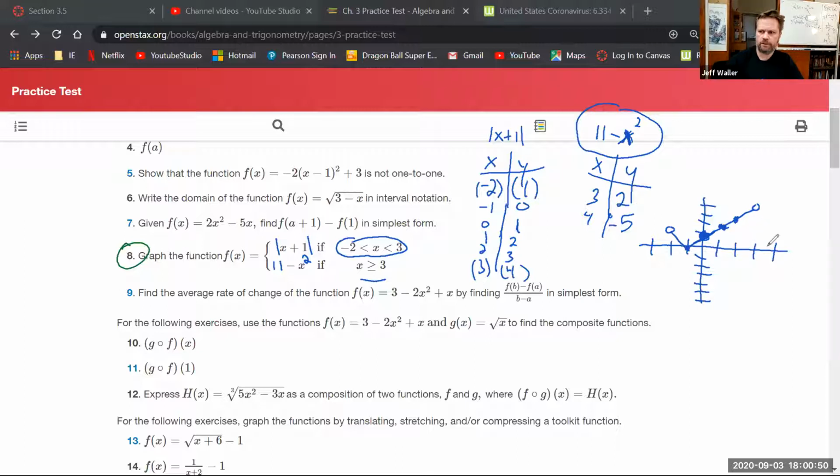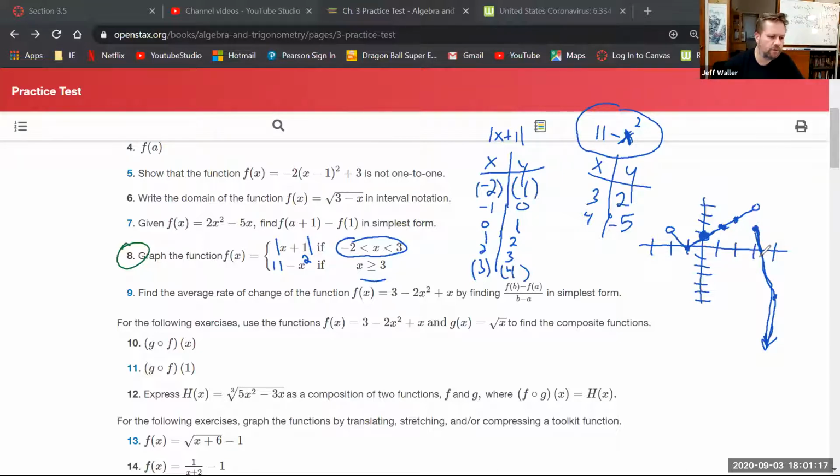So 3, 2, and then 4, -5. So now the downward shape, it should be curved, but oh well, I just can't do it on this. Dadgummit. All right, I'm going to let that go. It's going to be fun. That's terrible, Jeff. All right, I'm going to stop looking at it.